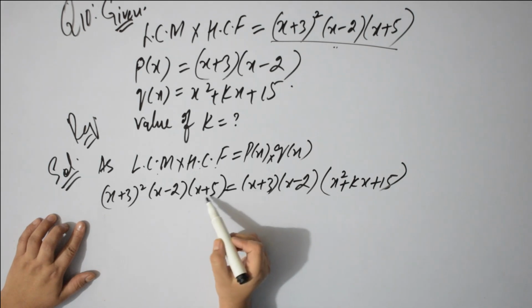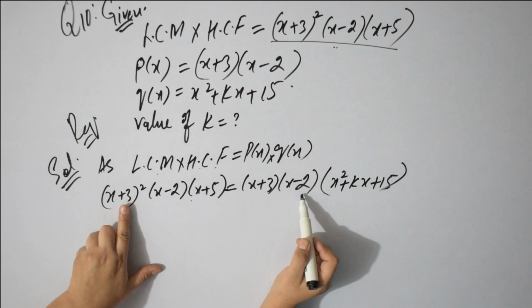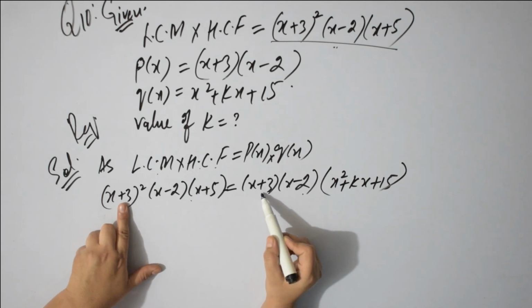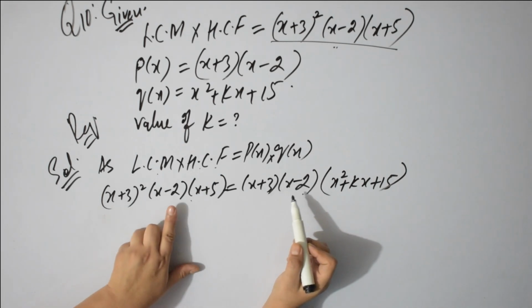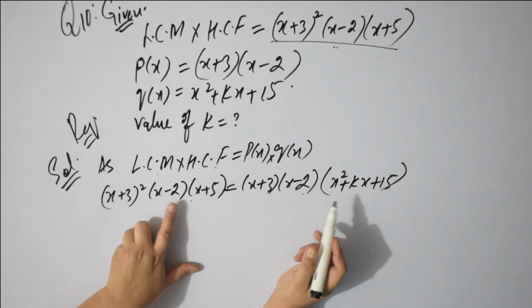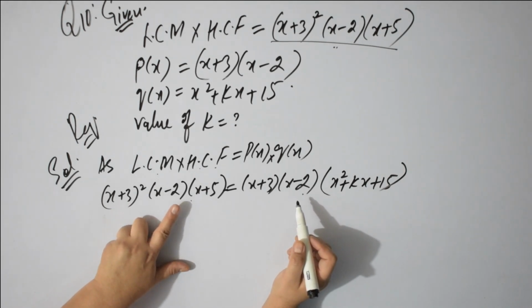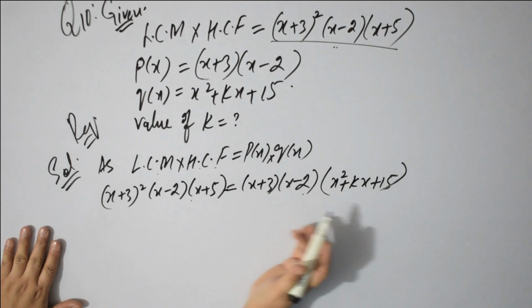Now see, on both the left hand side and the right hand side, you will observe that x plus 3 is present on both sides, and then x minus 2 is present. So I am going to divide both sides by x plus 3 and x minus 2 so that they cancel with each other.